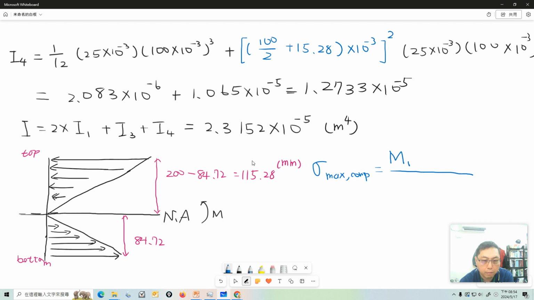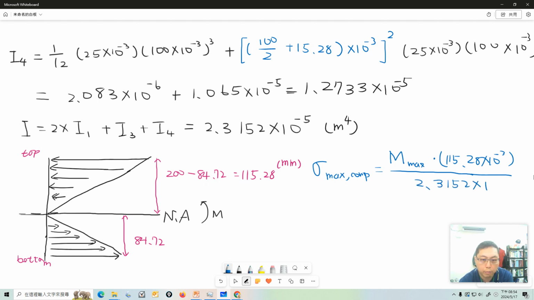So we will have M max times y, where y is the distance to the neutral axis. The distance between the top surface and neutral axis is 115.28, so y is 115.28 millimeter. And our I, which we just calculated, is 2.3152 times 10 to the power minus 5.